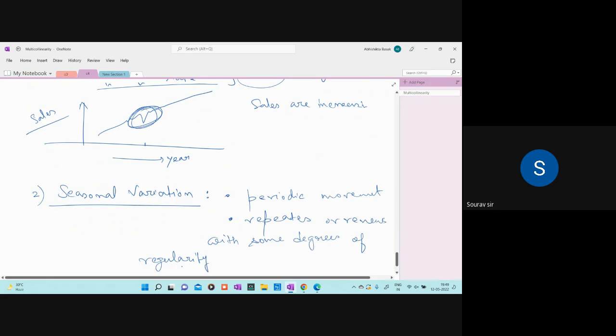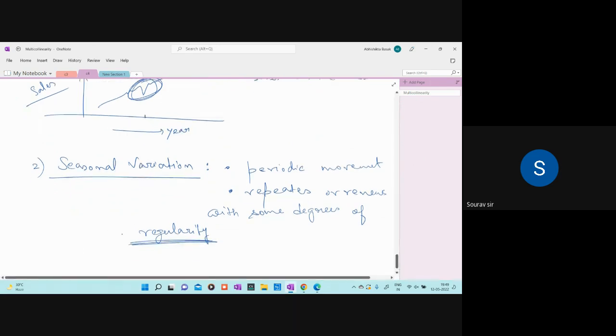This word is very important because it has an irregularity in it. So we are not capturing the random or irregular portion under seasonal variation. So with regularity, it is with a definite period. Is it okay?